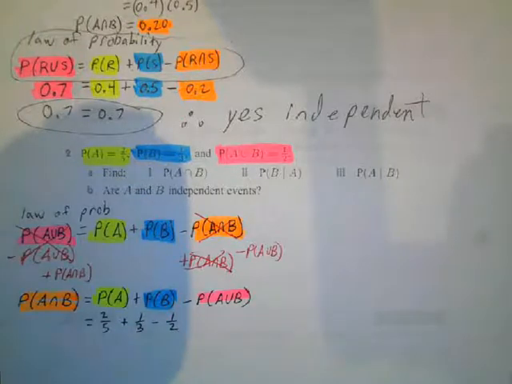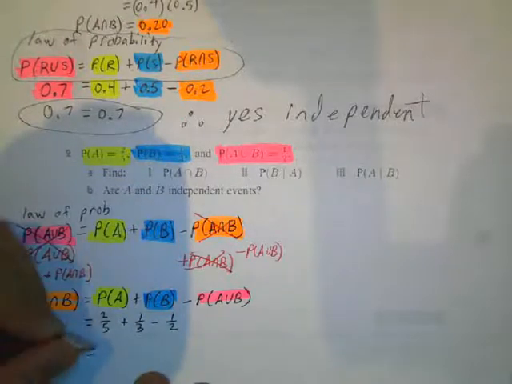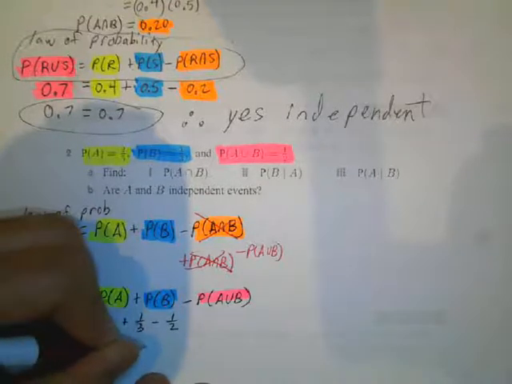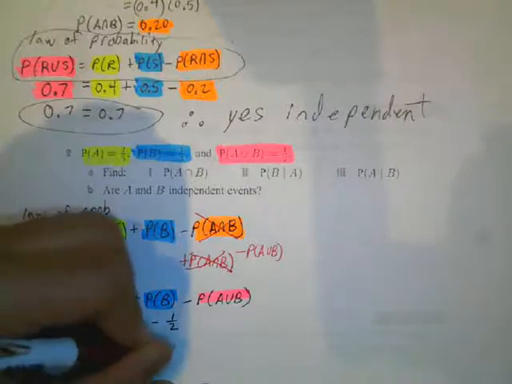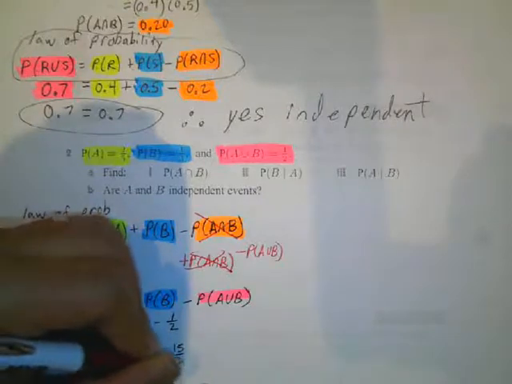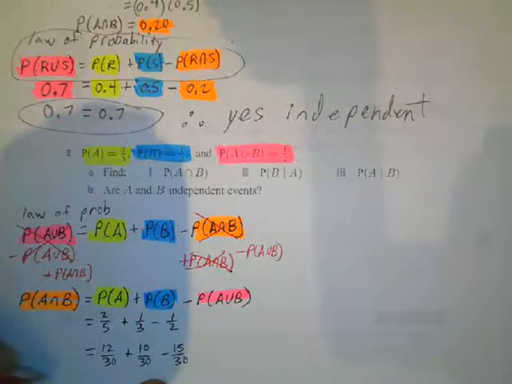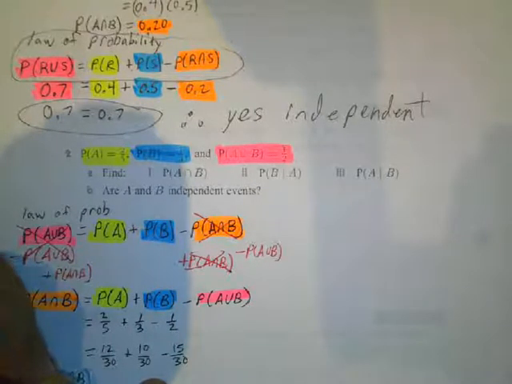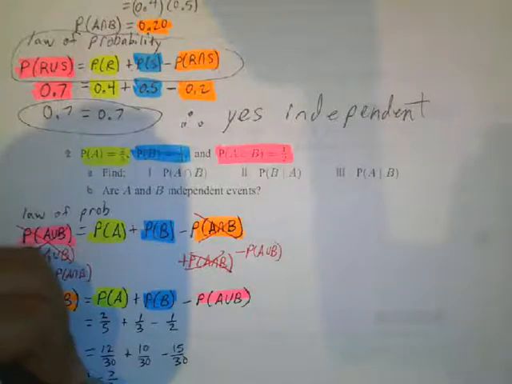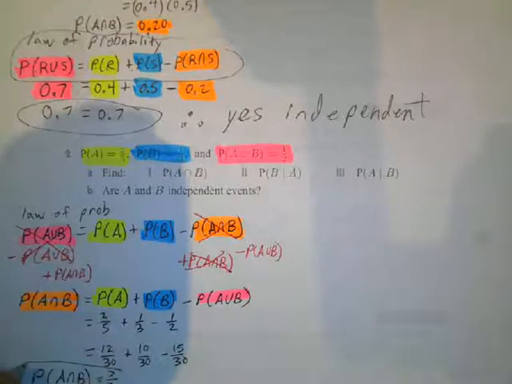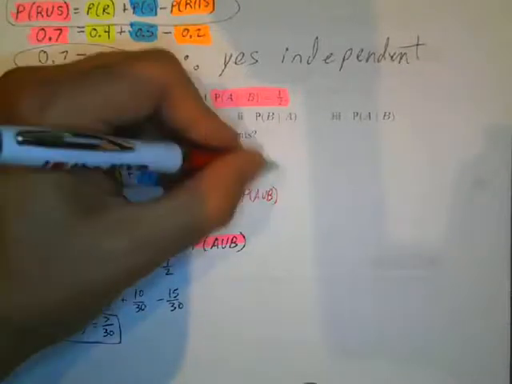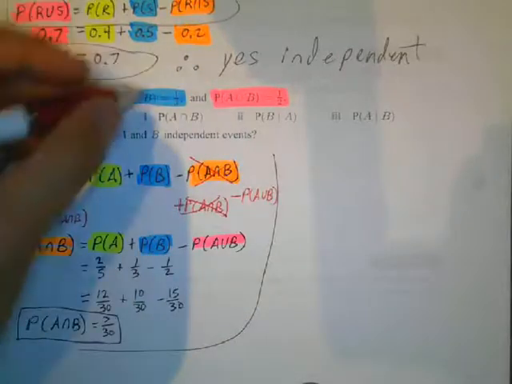Okay, so we need a common denominator, so we're going to have 12 over 30 plus 10 over 30 minus 15 over 30, and we combine that together and we get our probability of A intersection B is equal to 7 over 30. You may want to hit pause and rewind if you need help, extra time to think about this. Okay, let's do question II now.